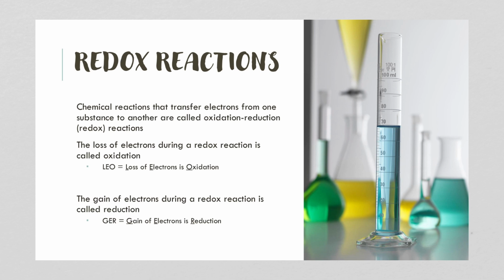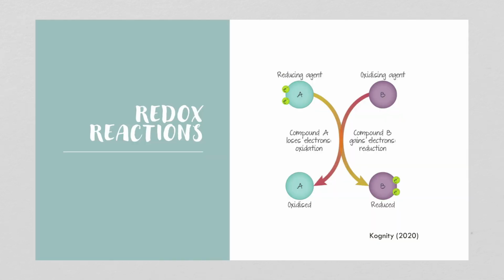It's a little hard to see electrons moving in a chemical reaction though, so we're going to look at this even more in depth. So if we take a look here, this is from our cognitive textbook, not our current version, this is from 2020. But if you look here, the thing that gets oxidized is called the reducing agent because it reduces the oxidizing agent.